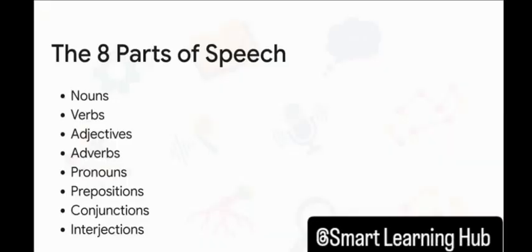So let's meet the crew, our 8 builders: nouns, verbs, adjectives, adverbs, pronouns, prepositions, conjunctions, and interjections. Each one has a very specific job to do, and by the end of this, you're going to see exactly how they all snap together to create meaning.